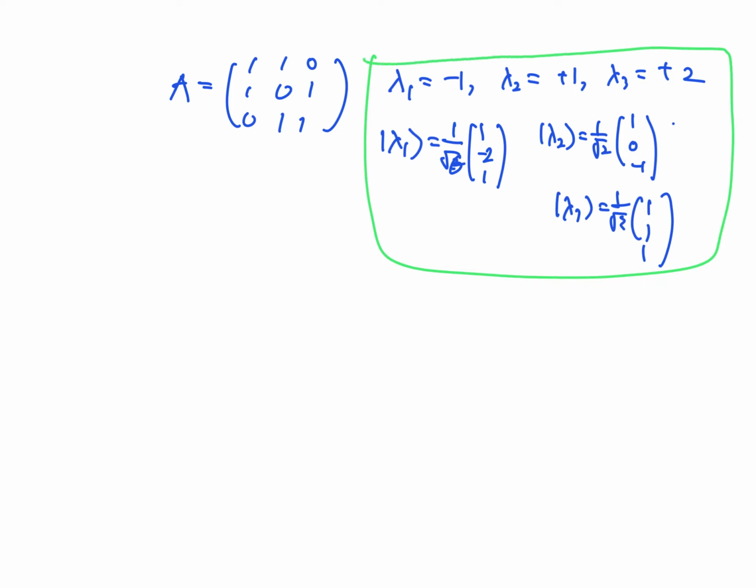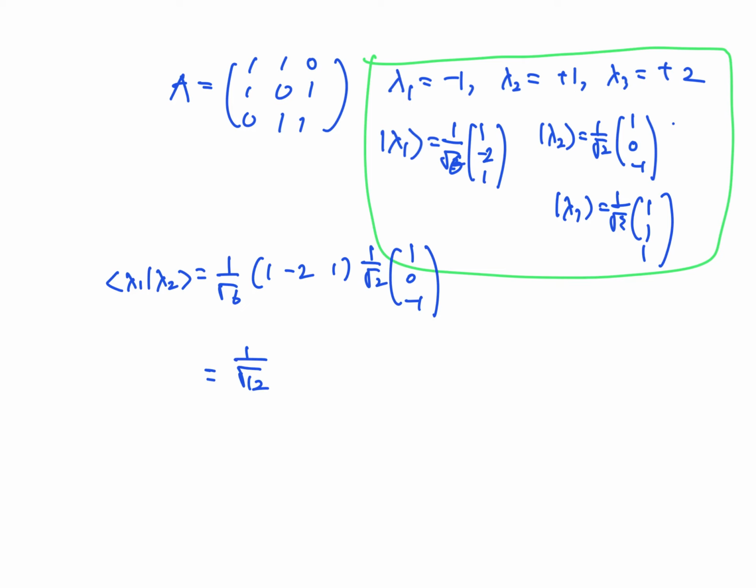And let's see if they are orthonormal to each other. So lambda 1 and lambda 2. Square root of 6, (1, minus 2, 1). Square root of 2, (1, 0, minus 1). Square root of 12. What do we have? 1 minus 1 is equal to 0, right?